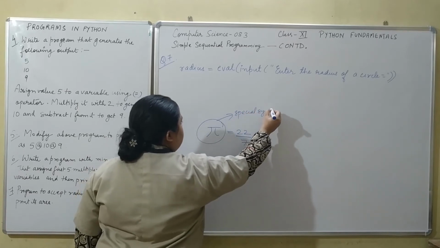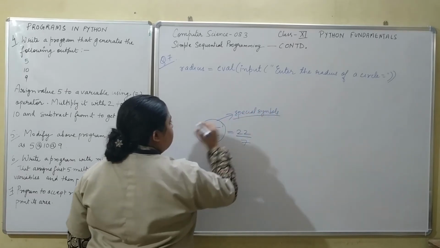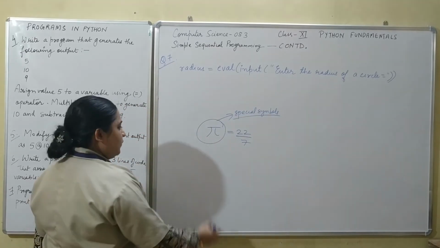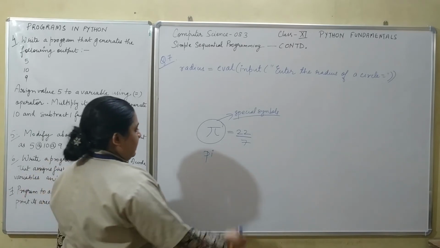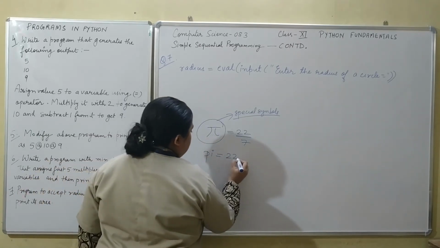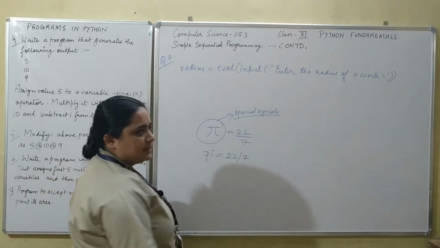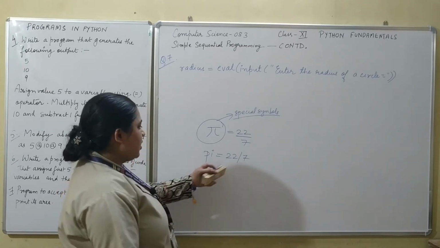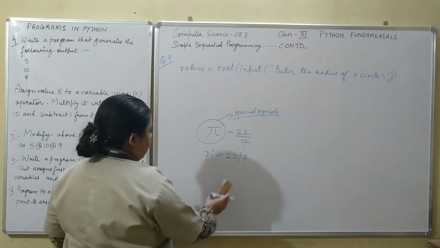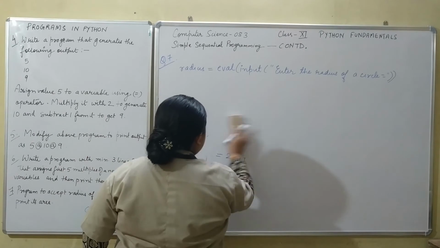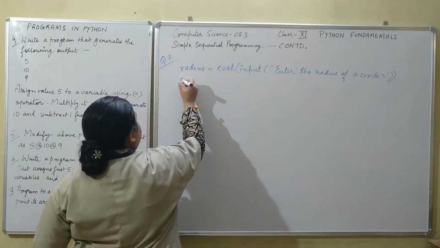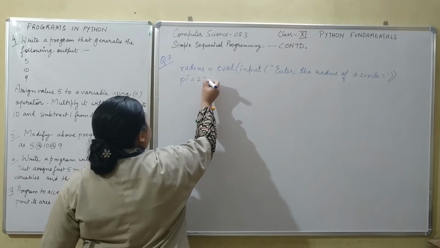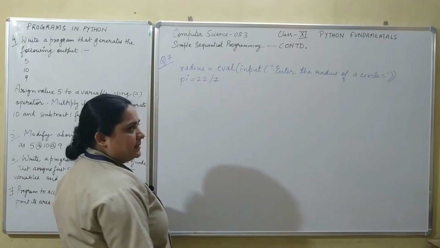You know that you cannot use special symbols in identifiers. So for the identifier I will be using pi, and 22 divided by 7 will give me the value of pi. So I'll write here pi equals 22 divided by 7.